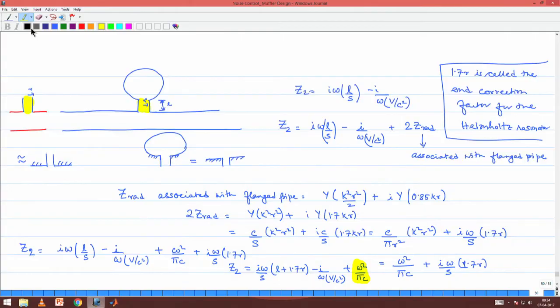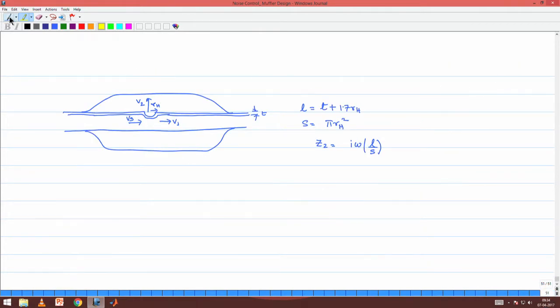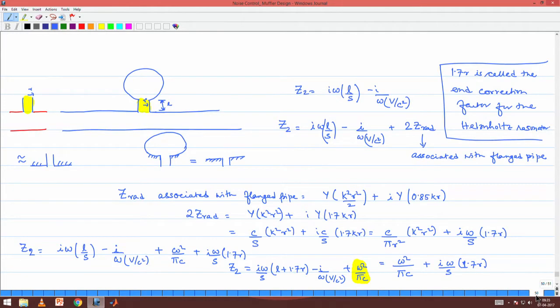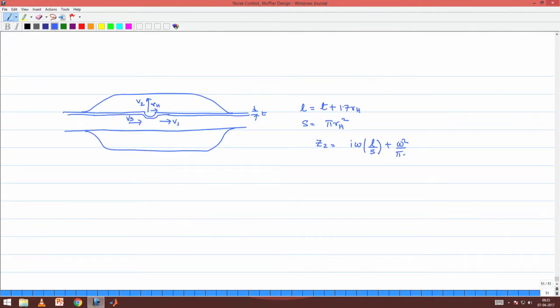So, you have to account for that pure resistance term, and that term when accounted is going to give rise to a term of this kind, which is omega square by pi c, right. But that is not all. There is also an impedance which is associated at this point, because it is lying at a certain location.